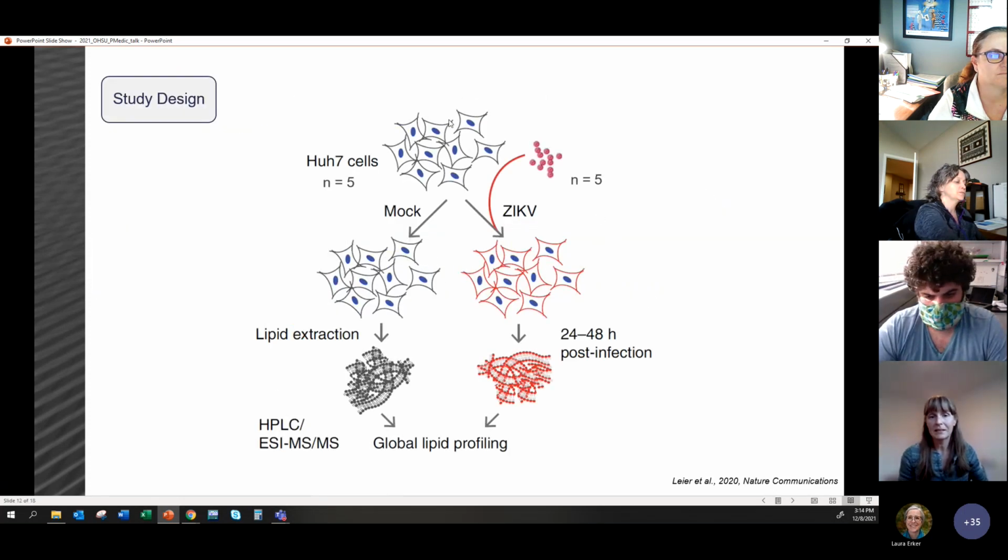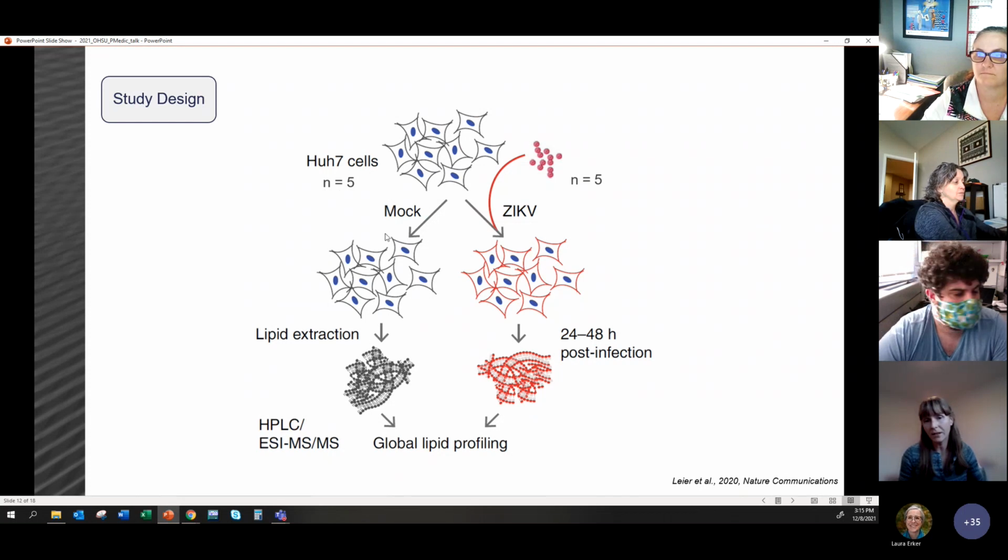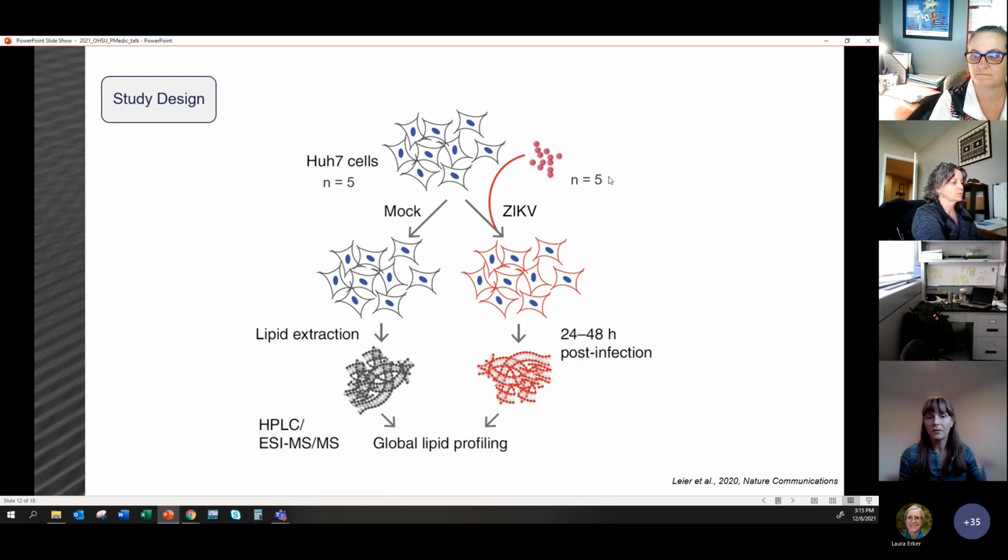So here was this study design. Ficado's lab started out with Huh7 cells that were mock infected, or pretend infection, and then also Zika infected, with an N of 5. So there were 5 replicates. We also did more cellular relevant cells, so neural cells, which Ficado will talk about in a few slides from now.